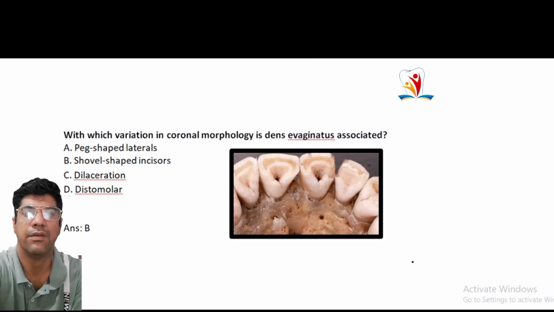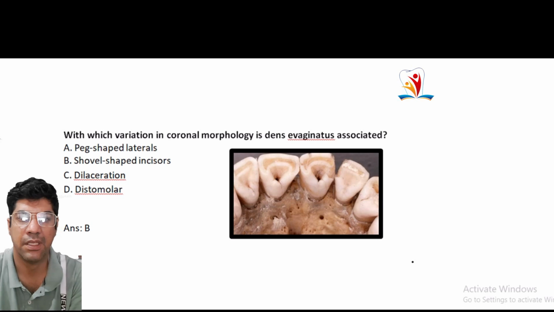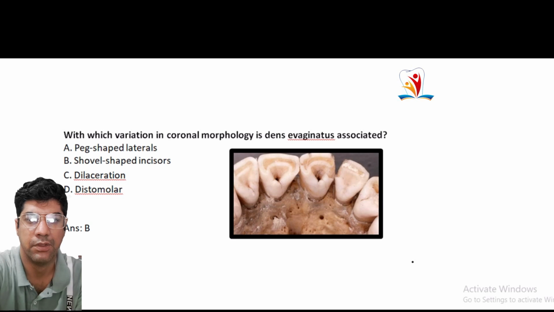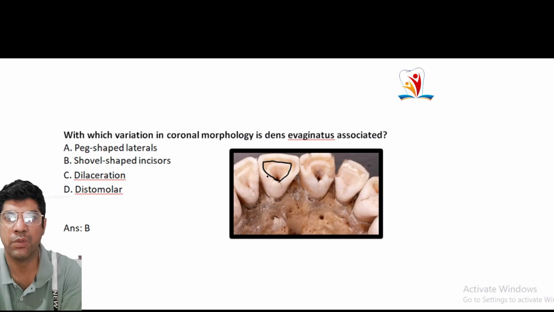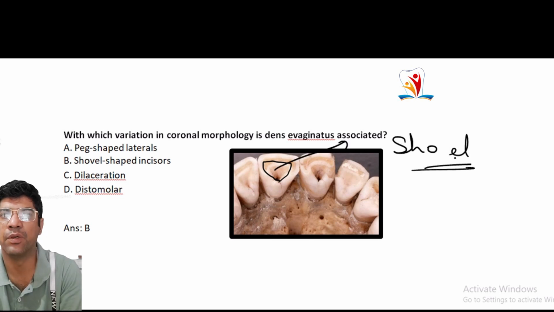So with which variation in coronal morphology is dens evaginatus associated? There is shovel-shaped incisors. So in the shovel incisors, the lingual surface of the tooth is concave, creating a shallow depression that is known as a shovel-shaped appearance.